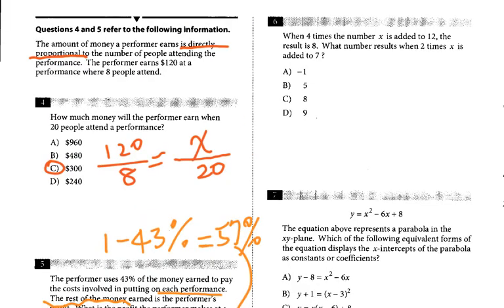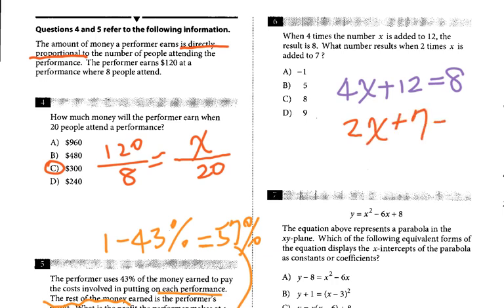Okay, so for number 6, we have 4x plus 12 equals 8. Then we are looking for 2x plus 7 equals what? So let's check the given information here.